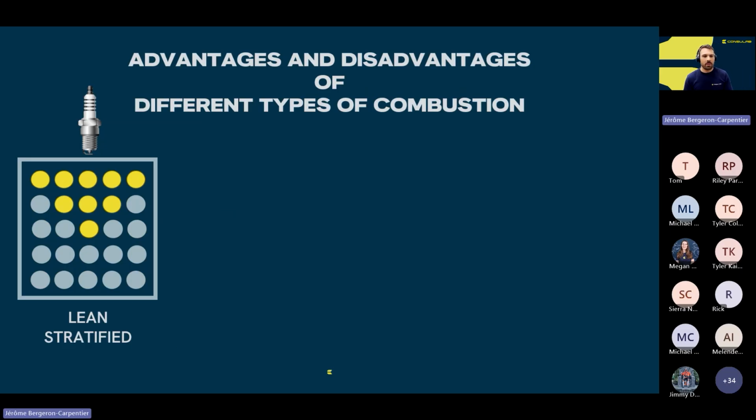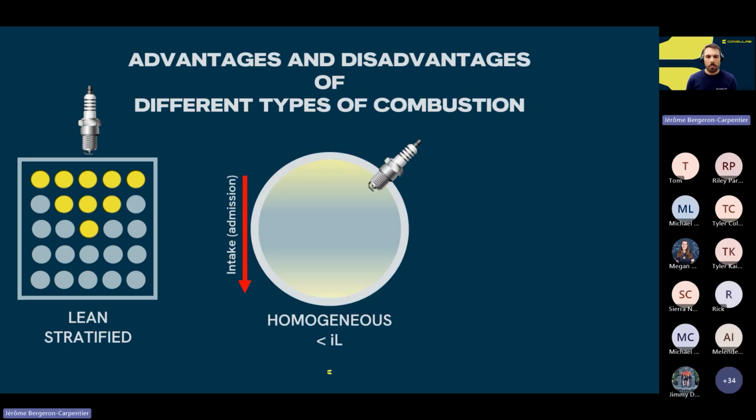So now let's talk about the lean stratified mode. Basically, imagine having a vehicle without GDI and a stratified strategy. Basically, we can go to homogeneous, where we are super lean and we are beyond the limit.